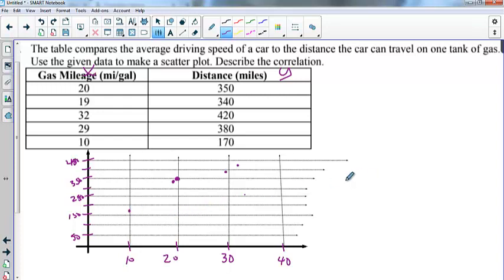So what kind of correlation would you say this has? Emily says positive. Anybody else? Is there such a thing as no correlation? There is such a thing as no correlation. Do you think this has no correlation, or are you just asking? No, I'm just asking. Okay.